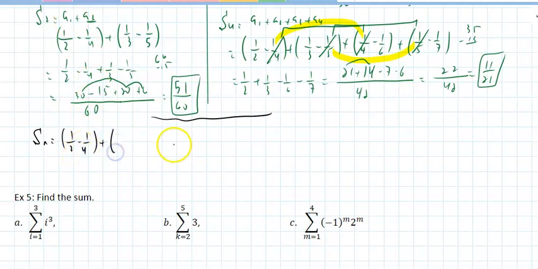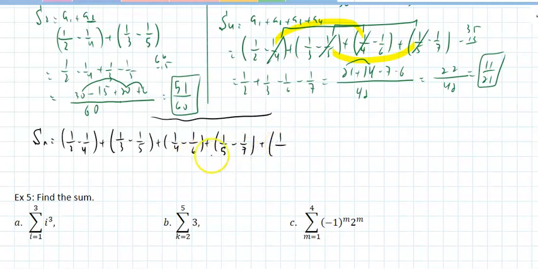So I'm going to have to list a few terms to see that pattern. 1 over 3 minus 1 over 5, 1 over 4 minus, 2 more, 1 over 6, 1 over 5 minus 1 over 7. So again, I'm going to go for a few more. Normally you go until one term cancels completely.